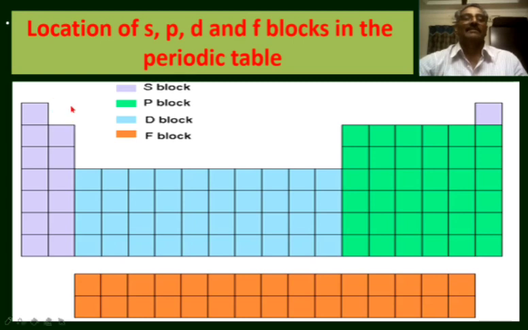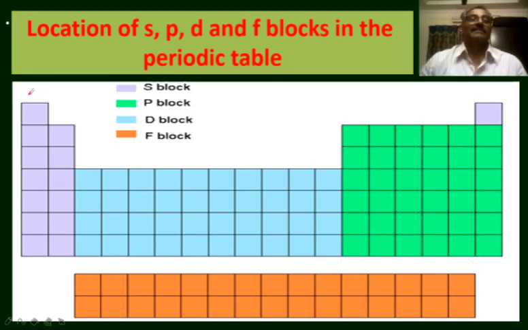In the second group elements, beryllium, magnesium, calcium, strontium, barium, and radium, the general electronic configuration in the valence shell is ns2. That means the valence electron is in the s orbital.